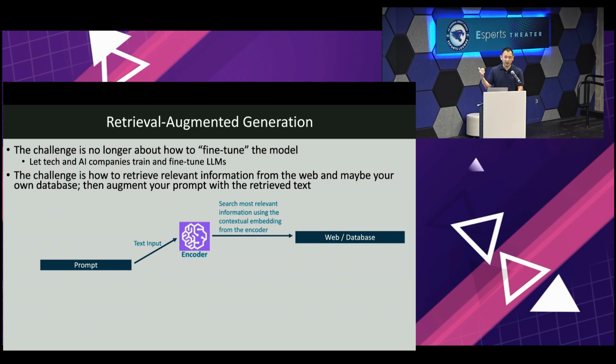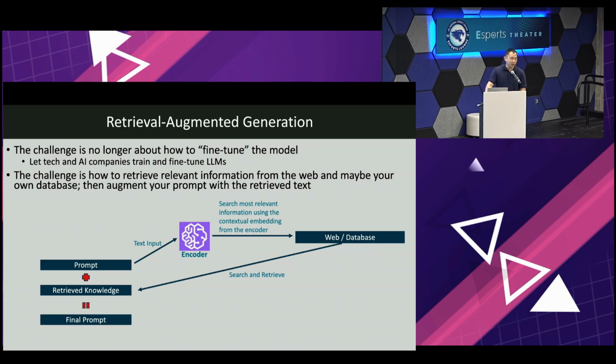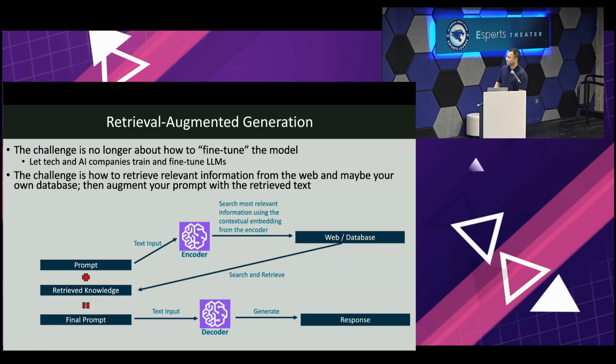We need a vector database. That's where the vector database comes in. Through a vector database, you search and retrieve the relevant text, append it to the prompt appropriately, and generate the final prompt. Then you feed it into the decoder model like ChatGPT or Llama. Then you get the response. Good?